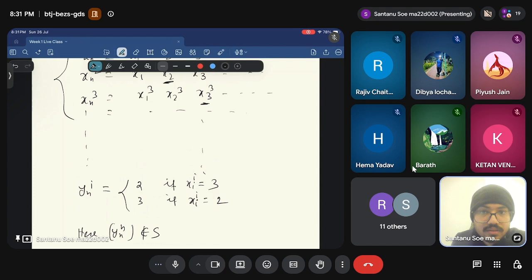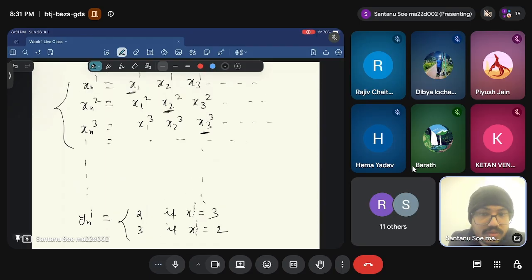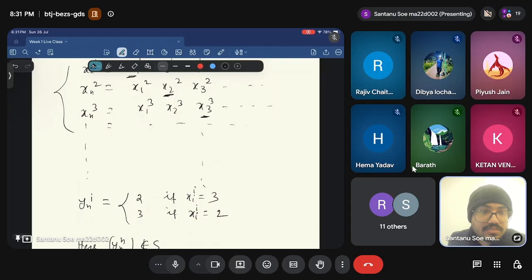If it was 3 we replaced it by 2, and if it was 2 we replaced it by 3. So every element may match, but the diagonal ith element will never match. That's how we have considered the sequence.